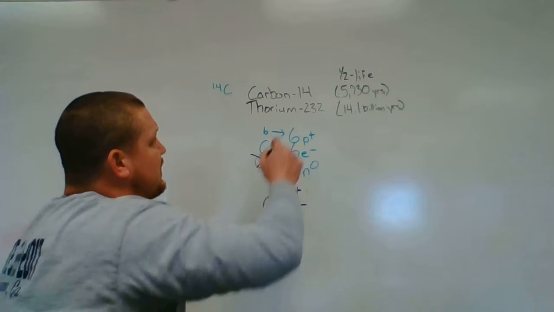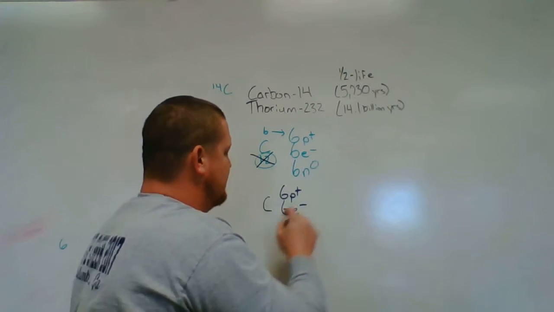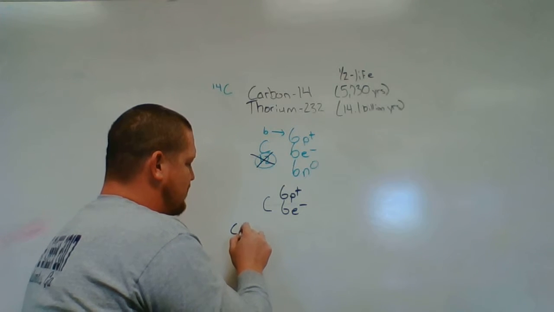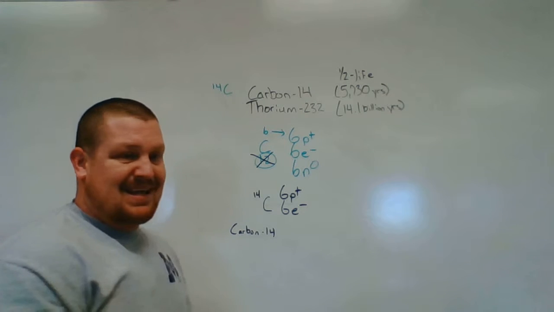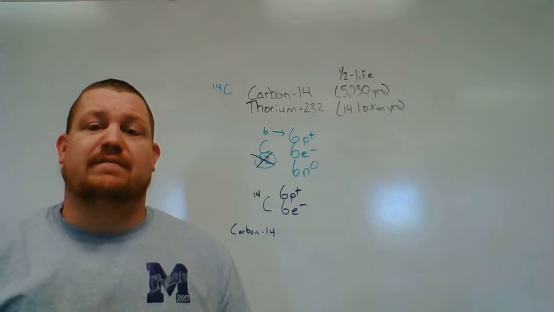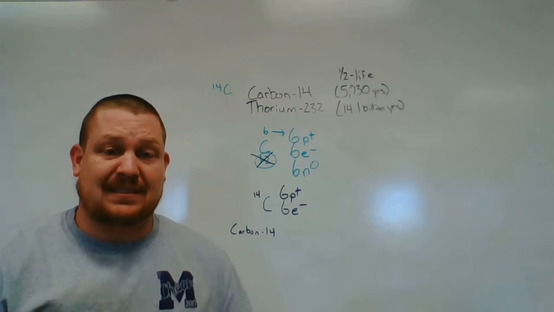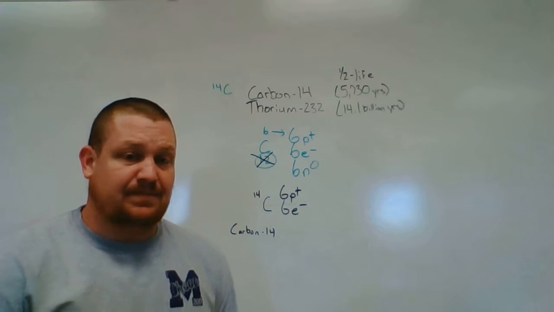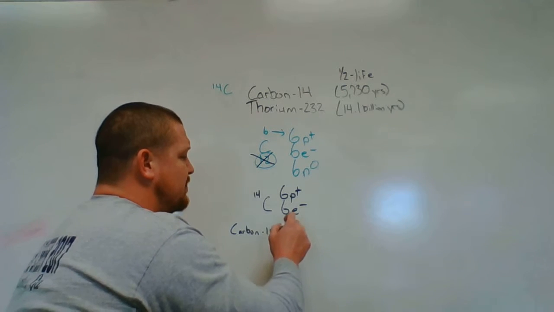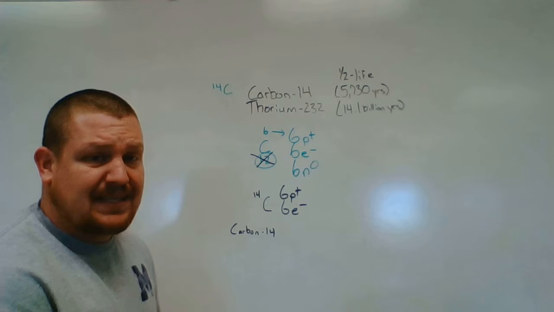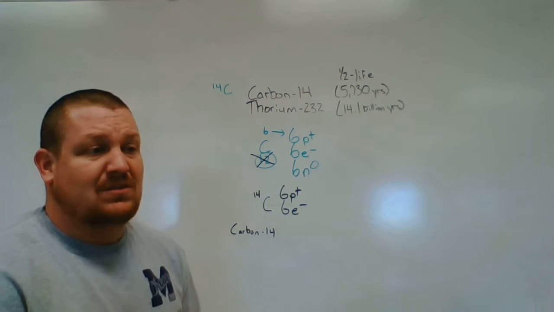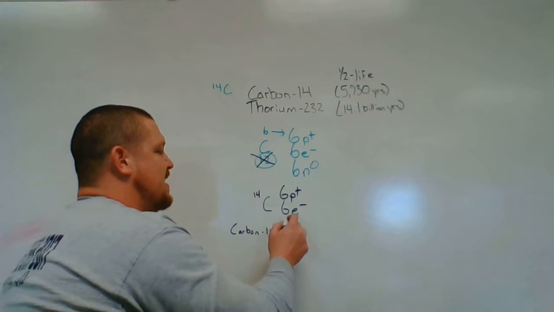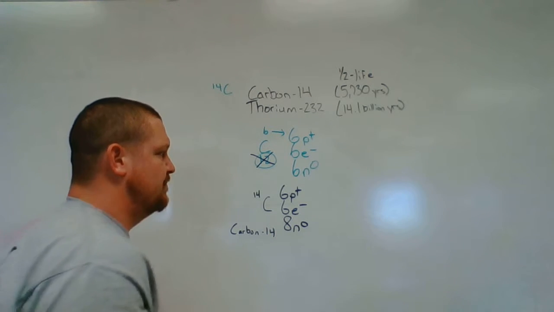Now, with this carbon-14, we know this is an isotope, which means it has a different amount of neutrons, a different mass. We have to use this mass. There are 14 total things in the nucleus, 6 of which are protons, which means there must be 8 remaining neutrons.